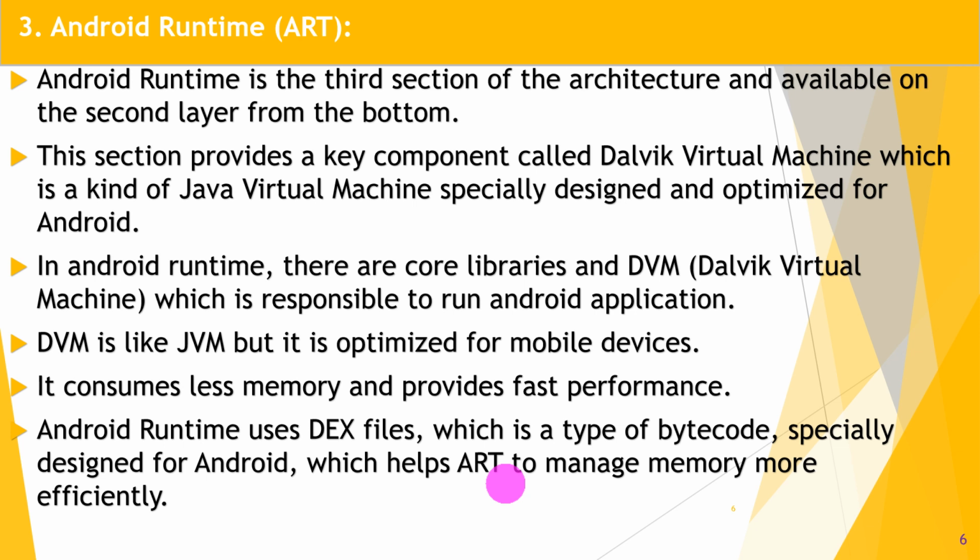That is, whenever we click on any button or view, we can directly open different forms or views immediately. Okay, that means response time is very fast. For that purpose in Android runtime we use DVM, the Dalvik virtual machine, instead of JVM, but it is similar to JVM.